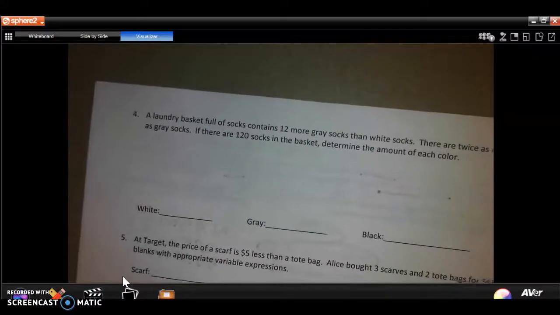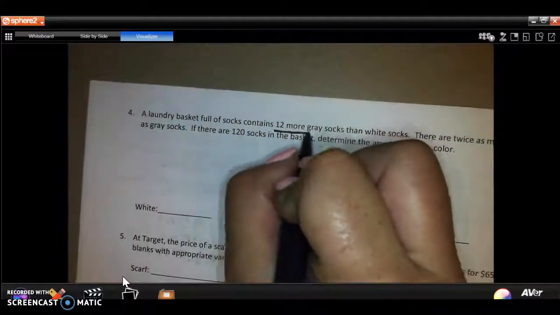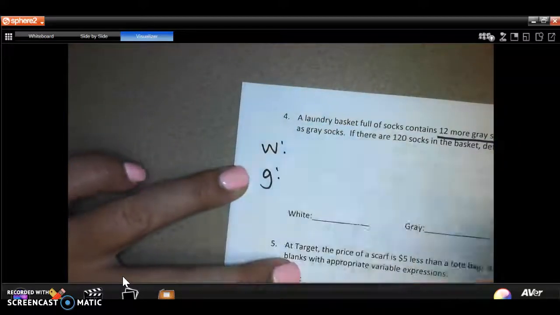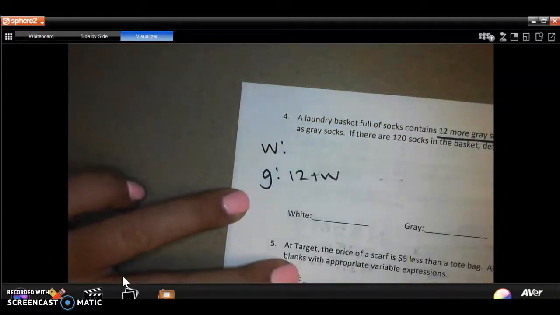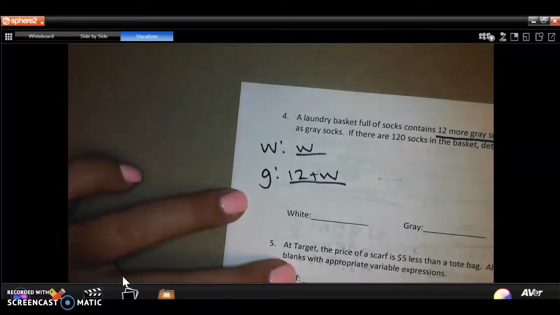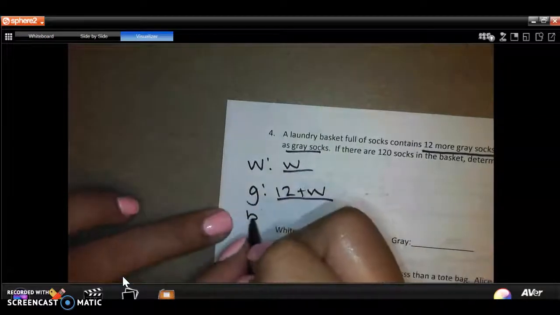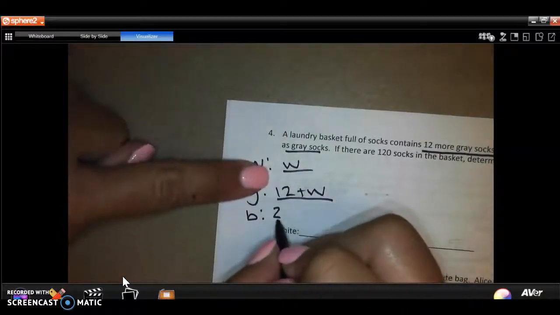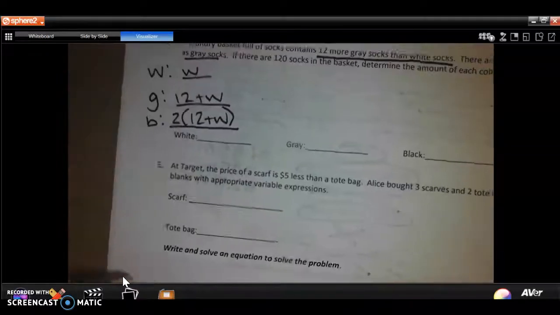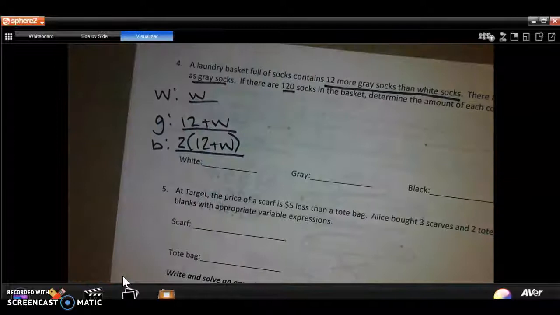For this one, a laundry basket full of socks contains 12 more gray than white. So white, gray. We have 12 more than white, which means white is W. There are twice as many black socks as gray socks. Altogether, you have 120 socks in your basket.